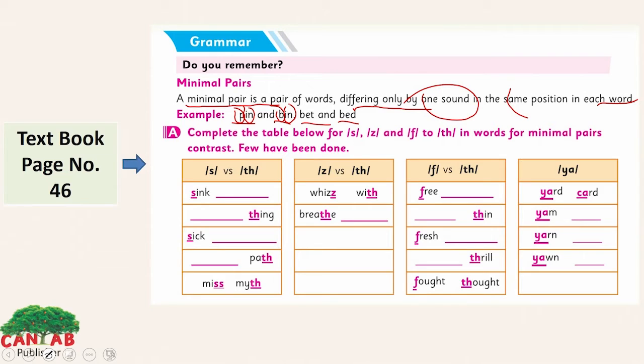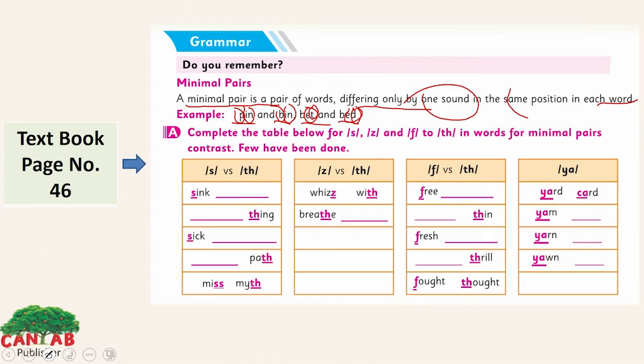Here, the bat, the bat, the first sounds are the same, but we have only the difference of t and d.